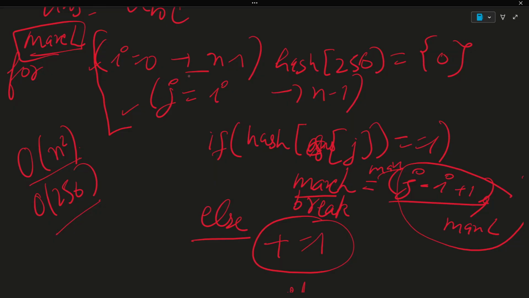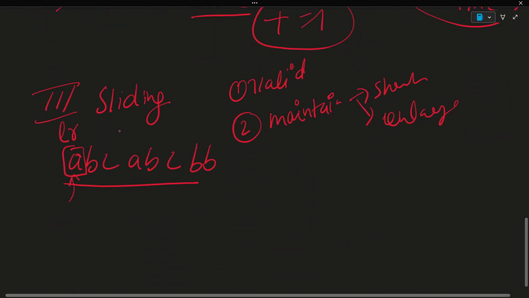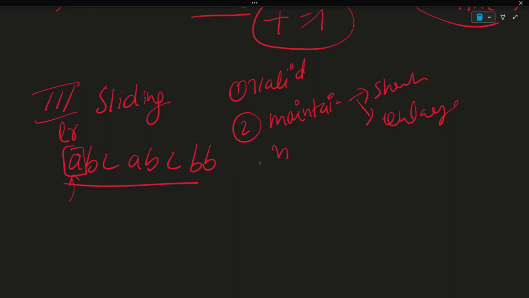If you are in an on-site interview, the interviewer won't be happy with it because we can actually optimize it to O(n). To do that, we only have to iterate it once.